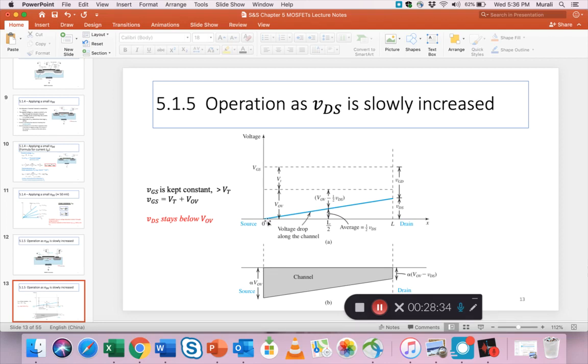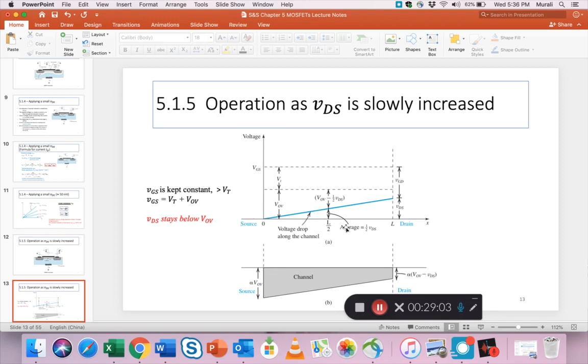So as long as the VDS is kept under VOV, this profile is what you see, and the channel also begins to look like this. Okay, so it is wider at the source and narrower at the drain, and this X tells you the distance going from the source towards the drain.